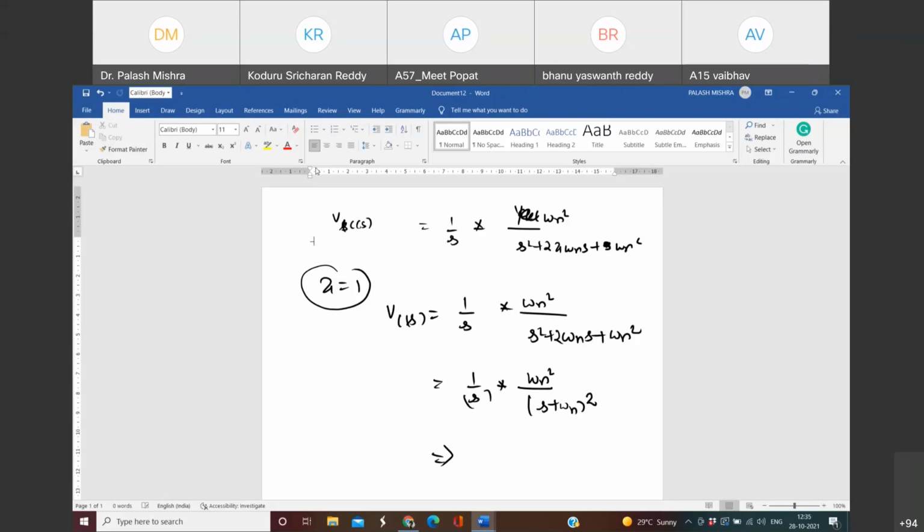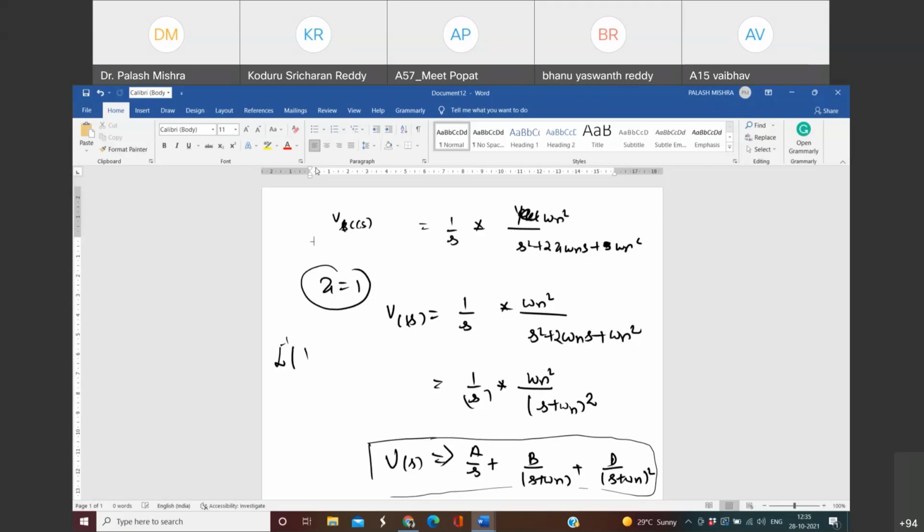Please tell me how it can be written in the form of A by S plus B upon S plus omega n plus D upon S plus omega n whole square. I'm giving you this as homework, an assignment: find the Laplace inverse of 1 upon S plus A whole square, then put it here and tell me the answer in the coming classes.